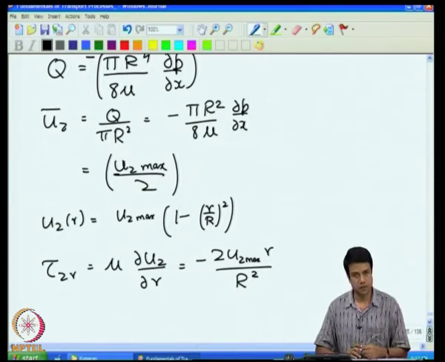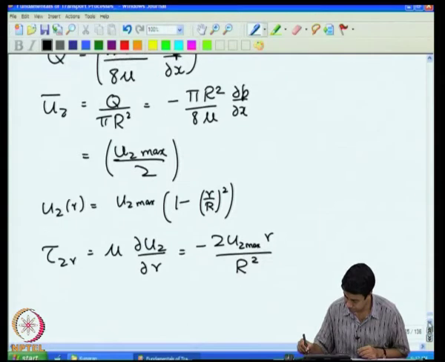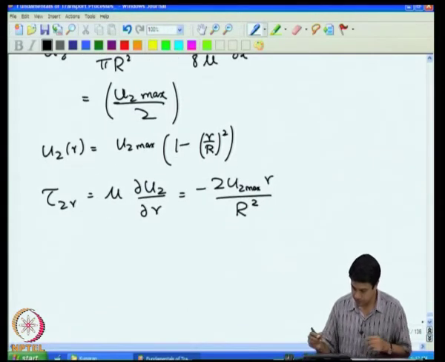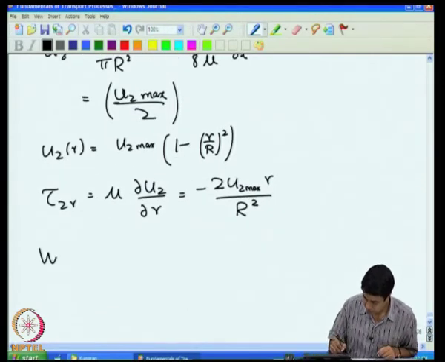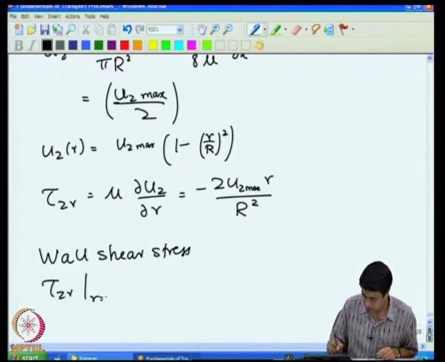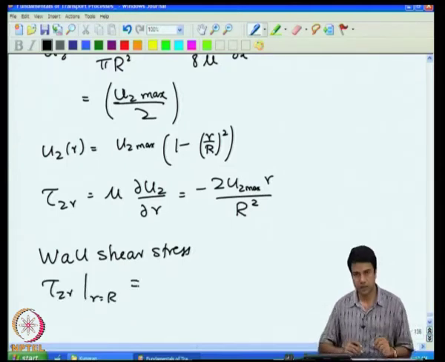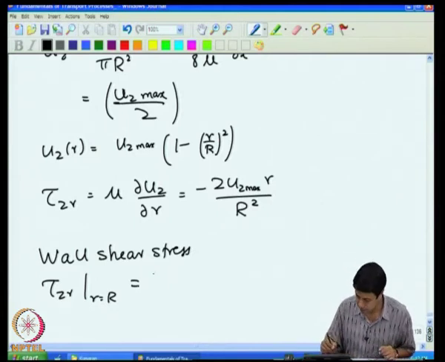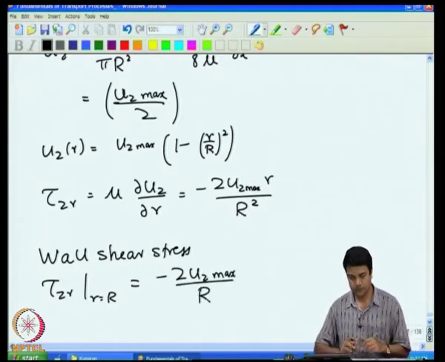This is the shear stress at any location. The wall shear stress, tau z r at r is equal to capital R, at the wall of the pipe, is equal to minus 2 mu u z max by R.